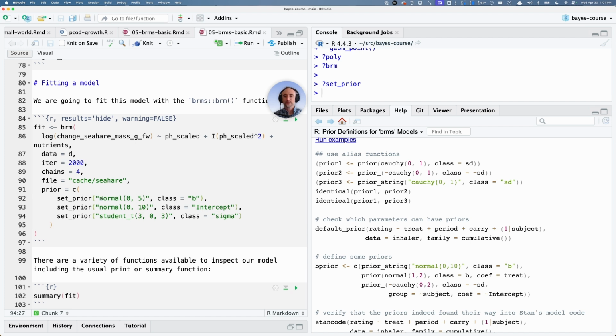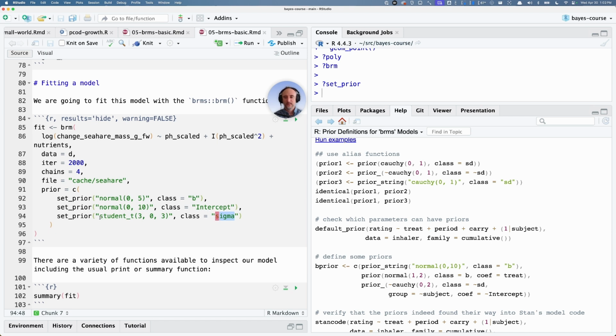So for each of these priors, we also need to tell it which parts of the model each one corresponds to, and we're going to come back to this after, and I'll show you how you can figure out what the names of the different parts are. But for now, know that this, class B, are all the beta, or the B coefficients, so that's for my pH scale squared, and my nutrients. I have another prior for the intercept, and I have a prior here on the standard deviation observation error.